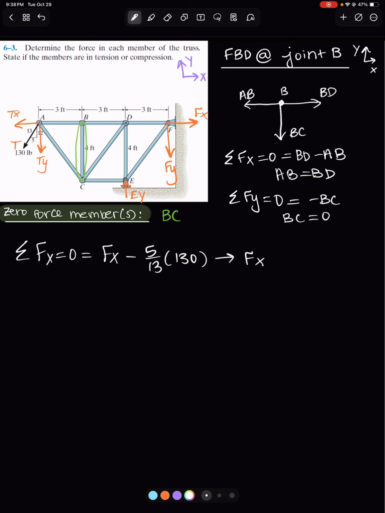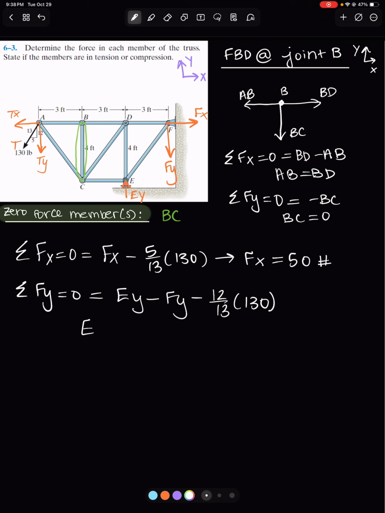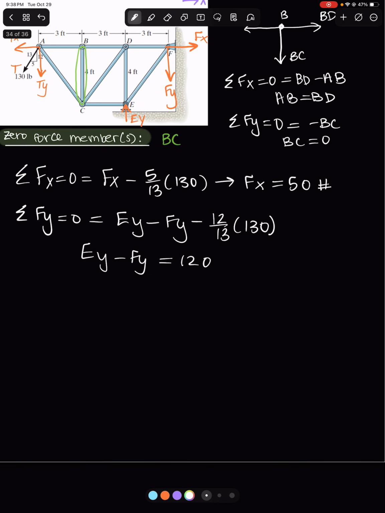And Fx is going to be equal to 150 pounds. Sum of the forces in the y equals 0, which equals positive Ey minus Fy minus the y component of our 130-pound force. So that's going to give you the equation that Ey minus Fy is equal to 120.